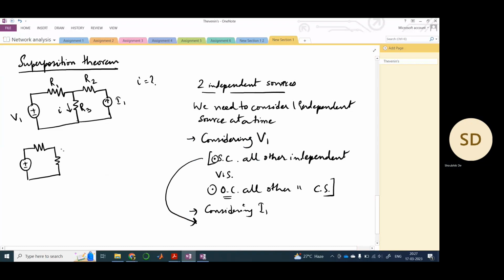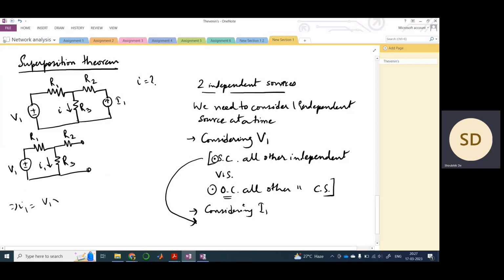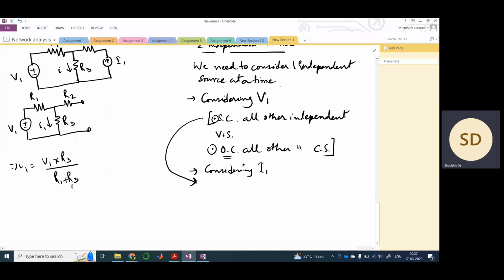This R2 is there, but this is open, therefore there won't be any current flowing through R2. So let's say this is I1. What would be I1? This would be V1 into R3, voltage divider rule, over R1 plus R3. This is your I1.